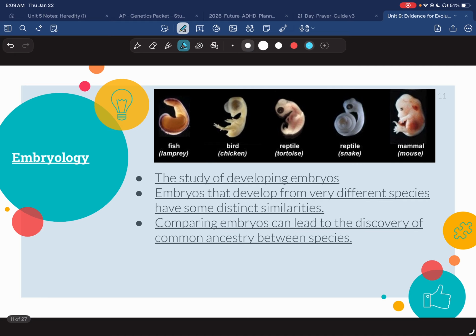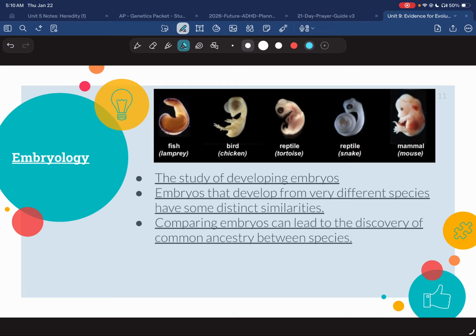Okay, embryology. This is the study of embryos. Pretty straightforward. We can see a lot of similarities in the big vertebrate groups: fish, bird, reptile, mammal, and amphibian. I don't have an amphibian picture in this one. But when we look at the embryos, we can see how they developed and we can see similarities in them over time.